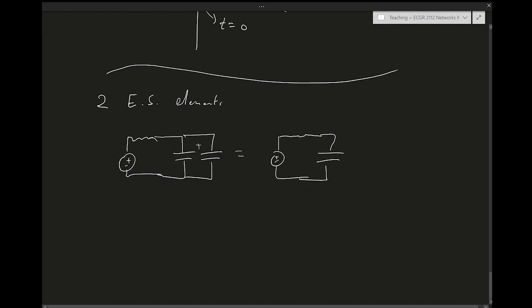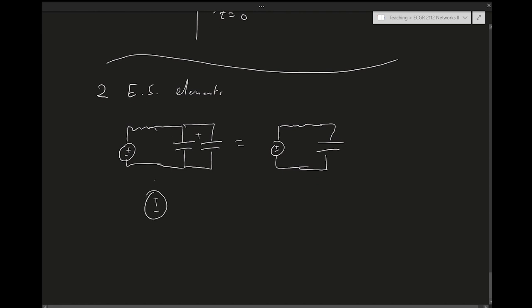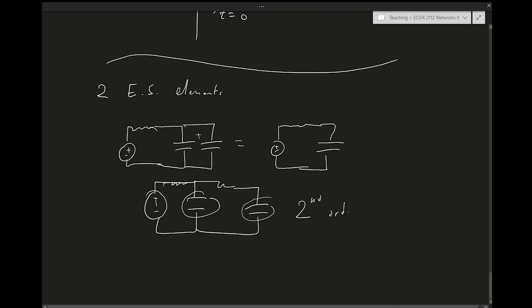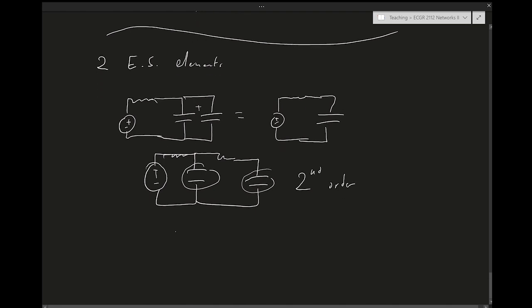But if I have something like this, let's say resistor, and then a cap, so those two caps are separate, there's no way to combine them together to find an equivalent capacitance, then that would be a second order, right? And then another example is a circuit where we have somehow two inductors, right?